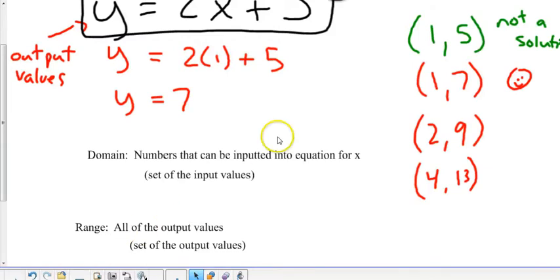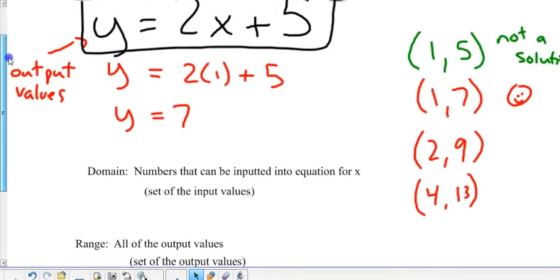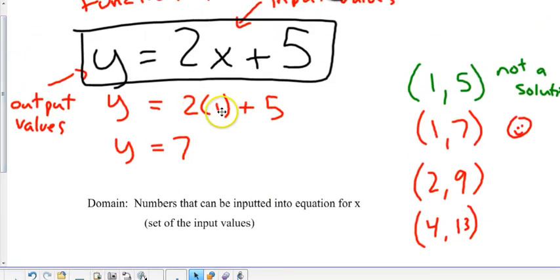From here, I could put 1 in for x, and then simplify the right side of the equation and get 7. So when x is 1, y would be 7. So (1, 7) would be an ordered pair that is a solution. (1, 5) is not a solution, because when x is 1, y can't be 5.